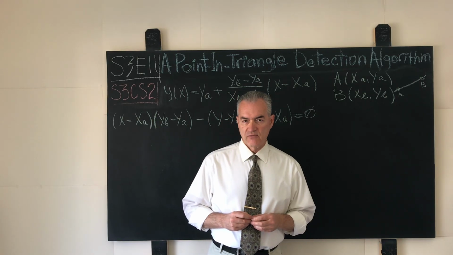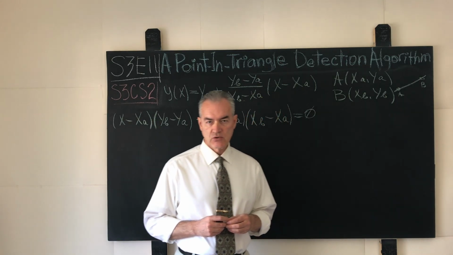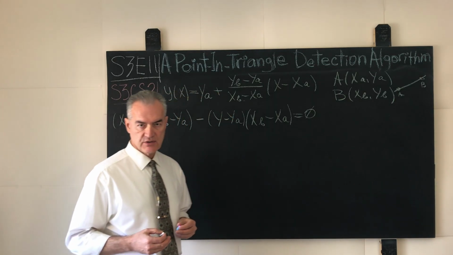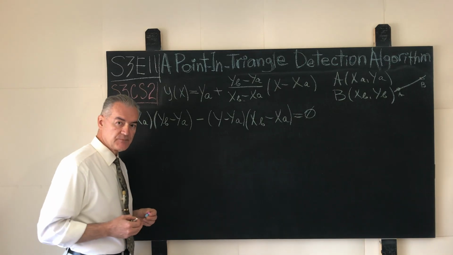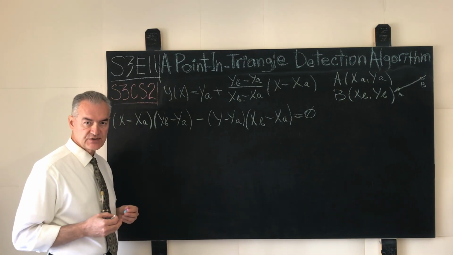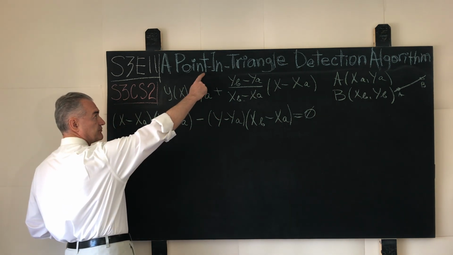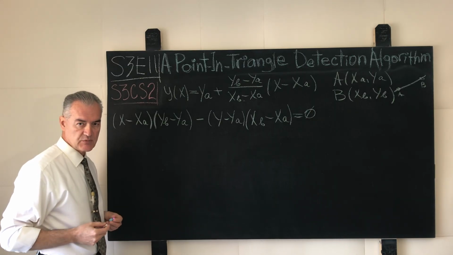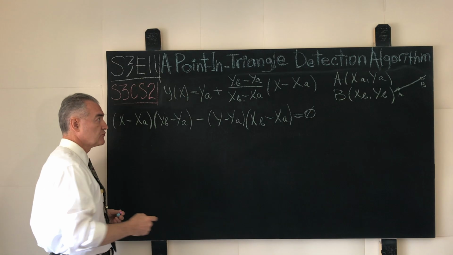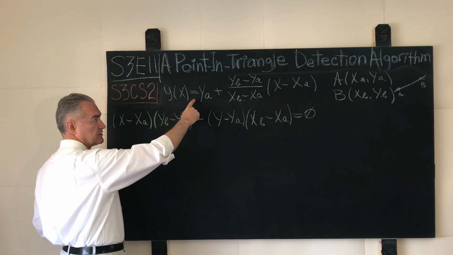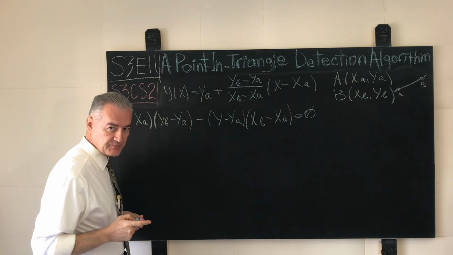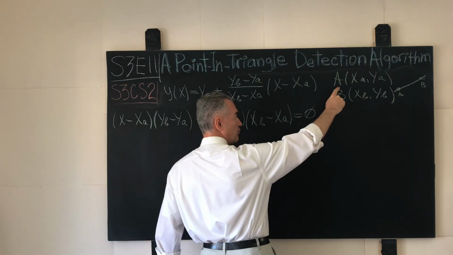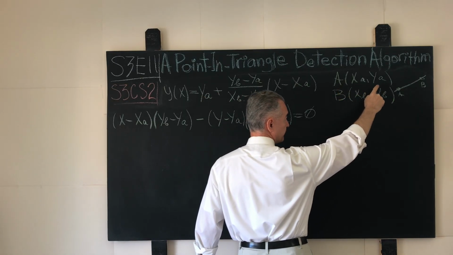The actual algorithm for detecting whether a given point is located strictly outside or strictly inside of a given non-degenerate planar Euclidean triangle ABC, which we will discuss in great detail and which is the subject of this episode, is based again on a middle school geometry curriculum idea, the notion of an equation of a straight line in a chosen Cartesian coordinate system that passes through two given distinct points A and B. The point A has the coordinates xa, ya.